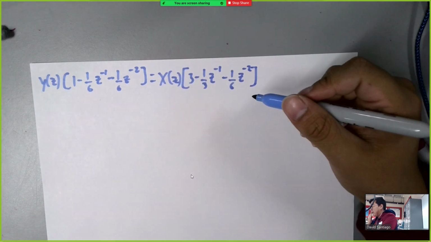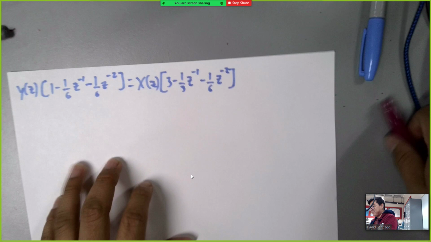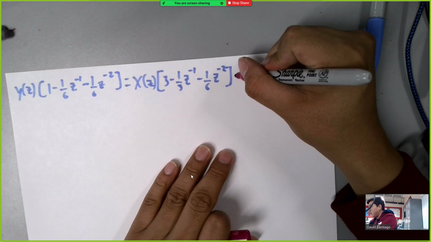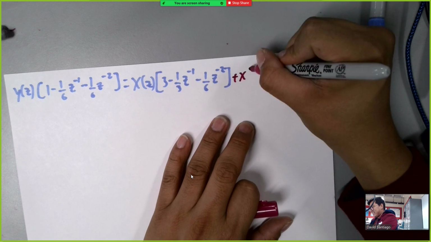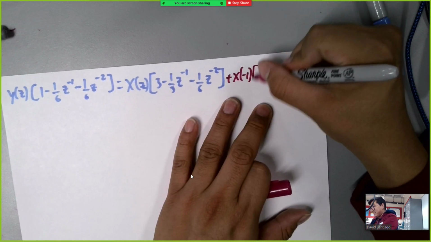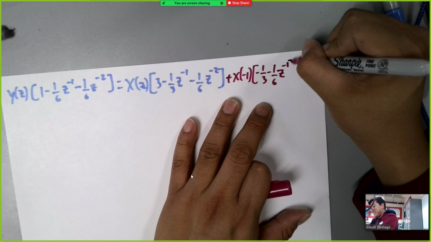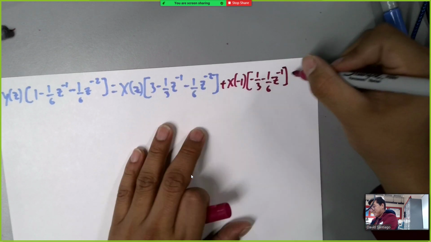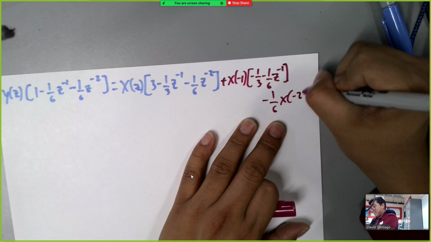Okay? And then let me take care of the inputs. Plus x of minus 1 times minus 1 over 3, 1 over 6, z to the minus 1. Yeah, a lot of work, right? Minus 1 over 6, x of minus 2, okay?